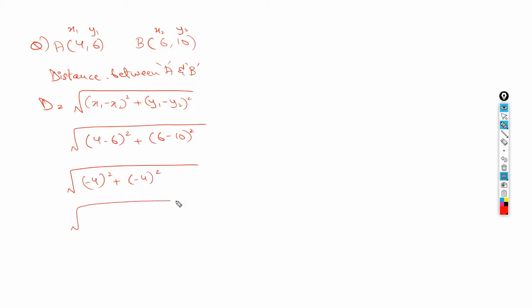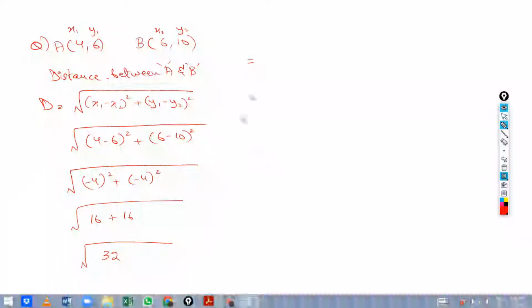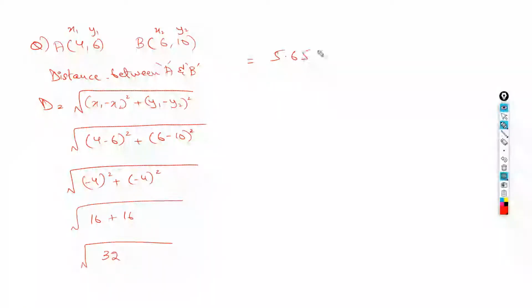So minus 4 squared becomes 16 plus minus 4 squared again becomes 16. So you get under root 32. And when you do under root 32, the answer that you get is 5.65, if they've given you the answers in centimeters or meters, whatever it is respectively, mostly it is centimeters.